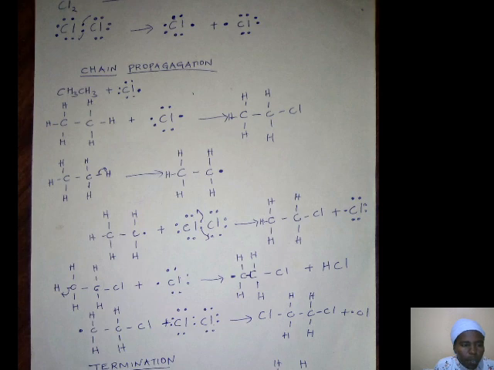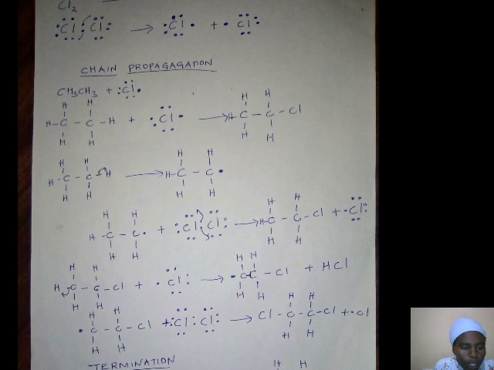First of all, the bond between the carbon and hydrogen breaks homolytically. When it breaks homolytically, you will generate an ethyl radical, which means the radical has one electron, and the other electron leaves with the hydrogen. Then the ethyl radical will be attacked by a chlorine radical, forming chloroethane plus a chlorine radical.